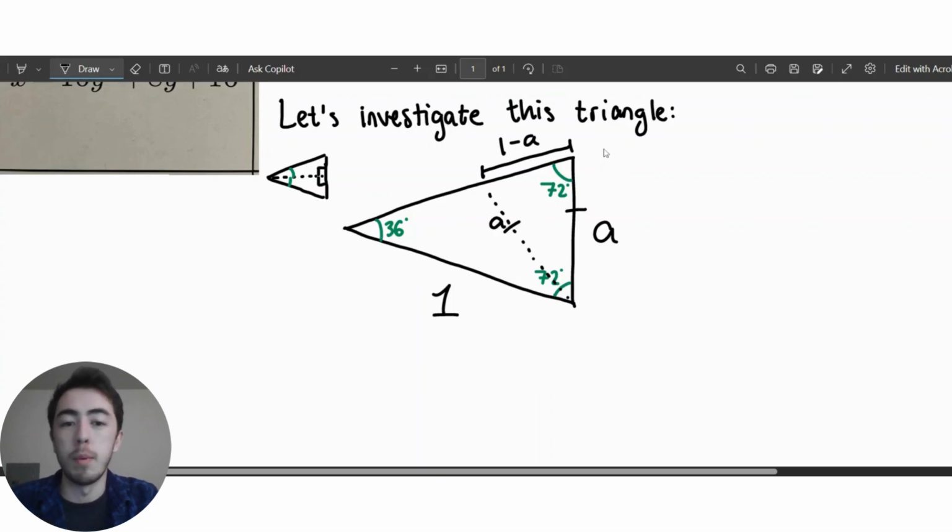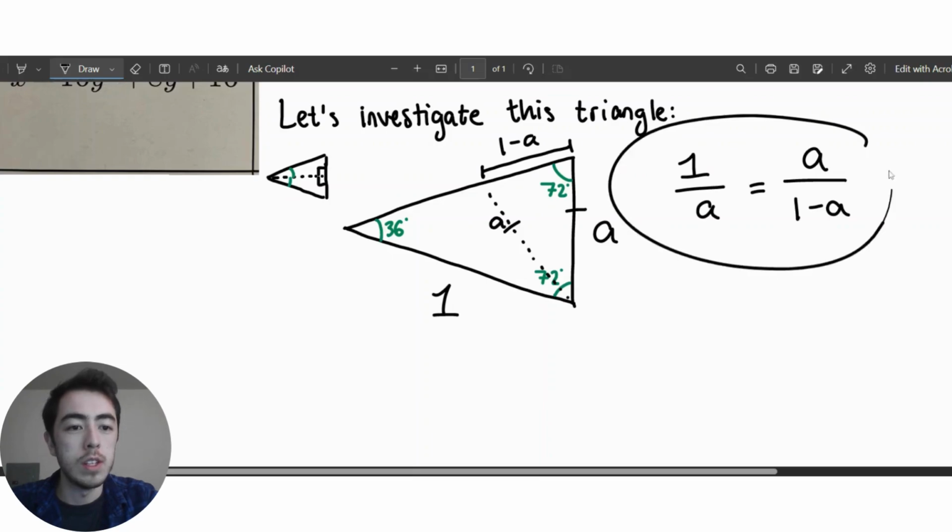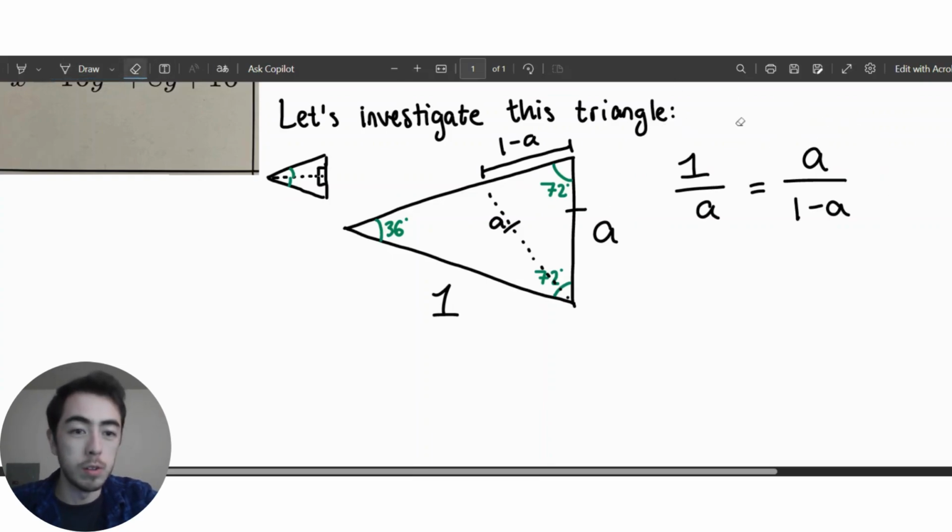That means I can set up a proportion where the long side divided by the short side, so here's the long divided by the short, should have the same ratio of long divided by short. That's this long side of the smaller triangle, and then the short side right up here. So this proportion is true because I have similar triangles.